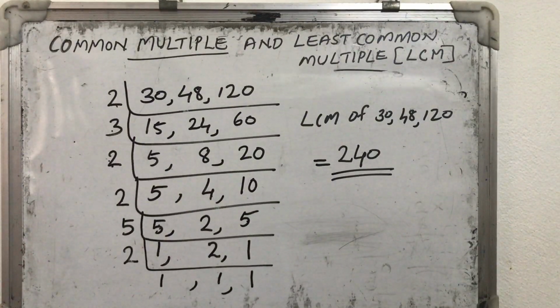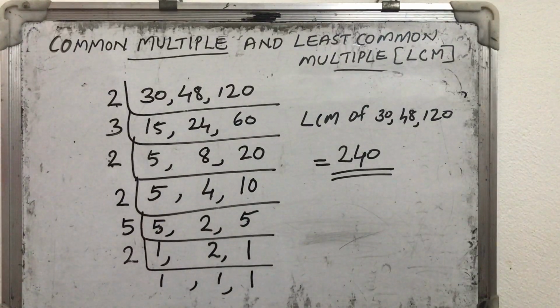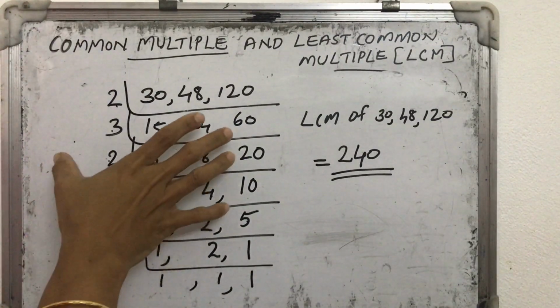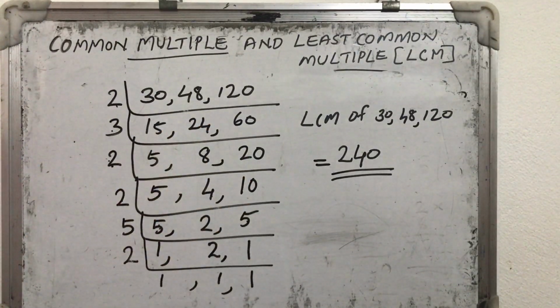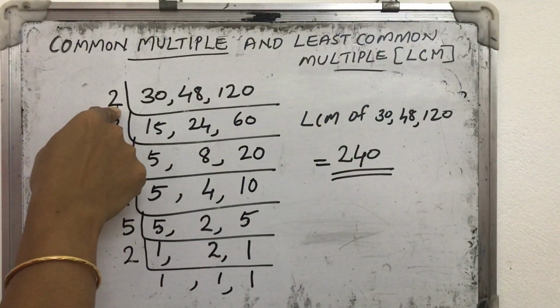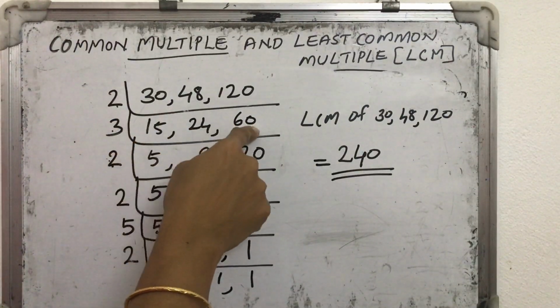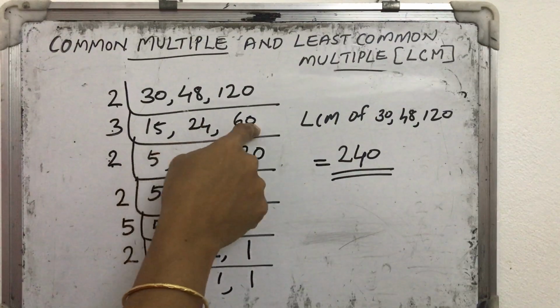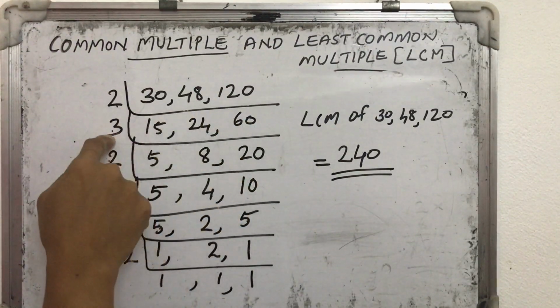Now when we use this common division method to find the HCF, we can't go up to this. Where will we stop? Here these 3 numbers are divisible by 2, so we divide by 2. Then check, can we divide by 3? The 3 numbers are possible.